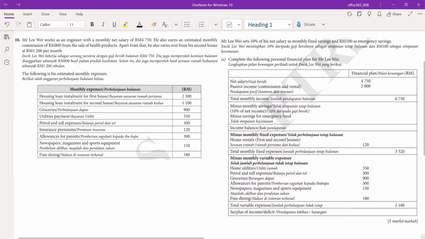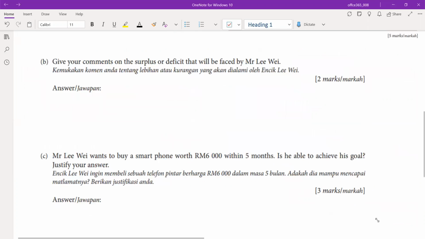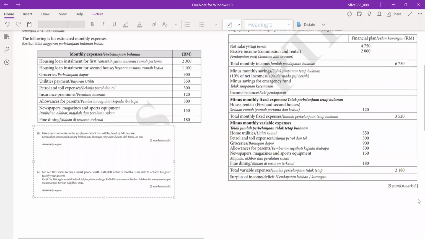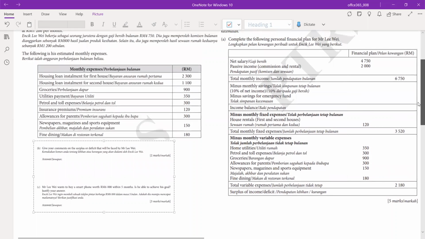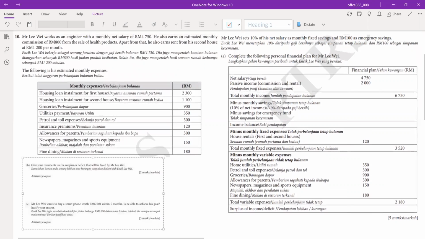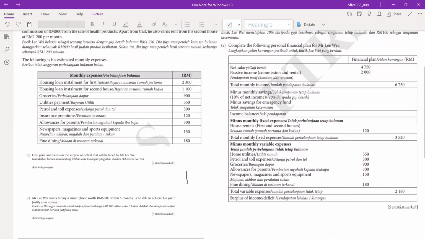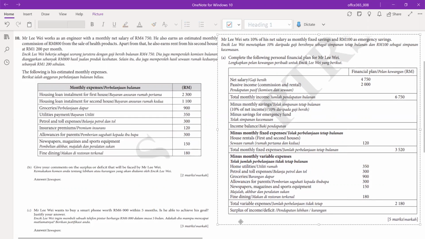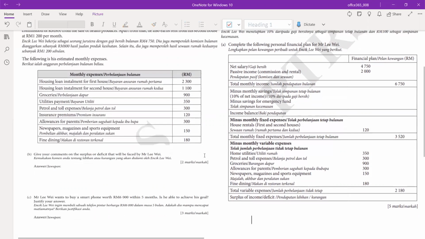Okay, so this is the first question that I want to ask you. Read this question and see whether you can solve or not. Everyone look at this. They give you a financial plan.